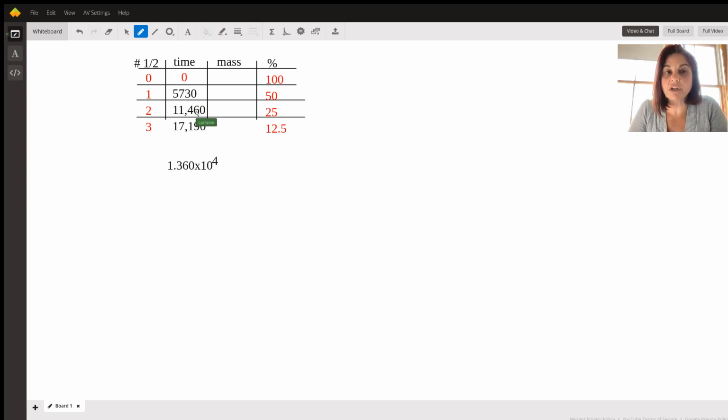So we have to change our standard notation into scientific notation. And so we need to know where our decimal is. Our decimal is over here. So we're going to move it 1, 2, 3, 4 positions.